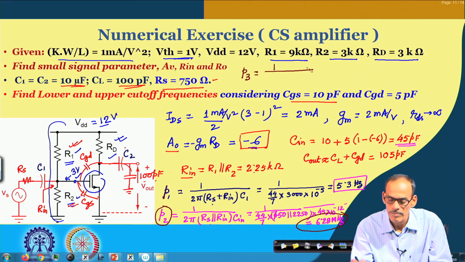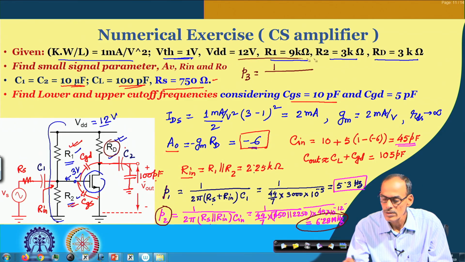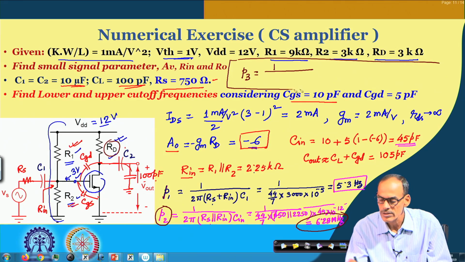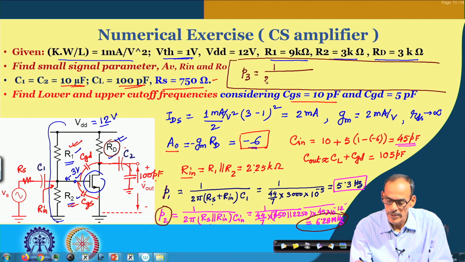Now, let me also calculate P 3, which comes from R d, the output resistance here. Let me use this space here. Okay. So we have 2 pi here, and then R d, and then C out.